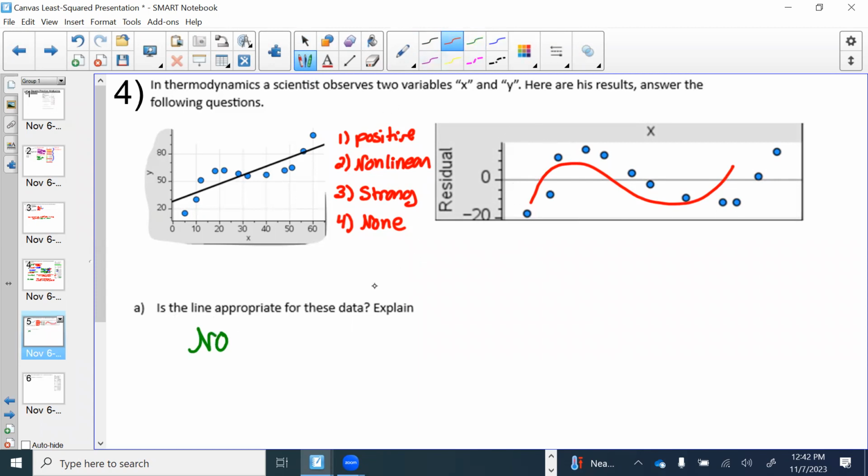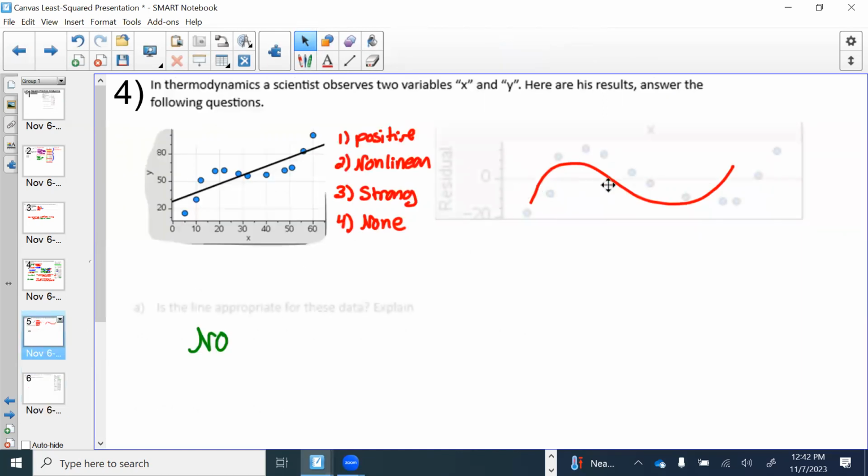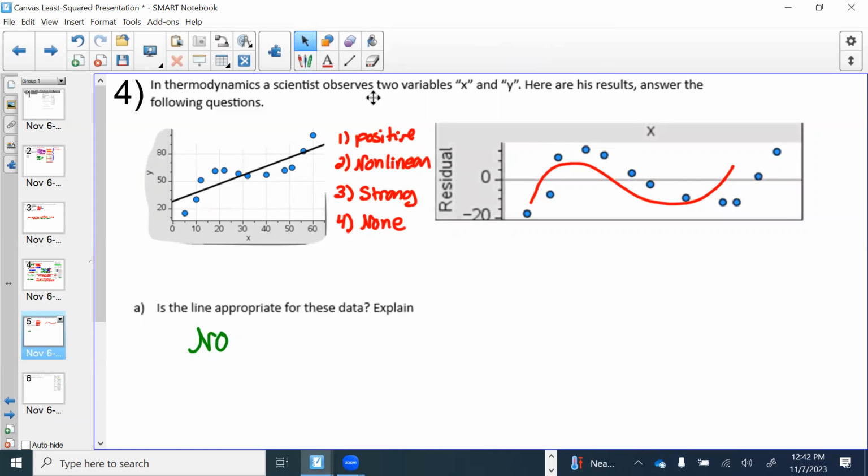So the data that we got off the calculator, all that big long line of stuff that we have on the paper, this table of values, none of it's technically relevant because this table of values is about a line. It's a linear regression, and I don't have a linear regression. This is not a line. It shouldn't be a line.